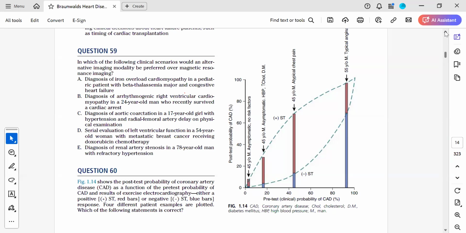It is also helpful in evaluation of stenotic and regurgitant valves when echo windows are inadequate. The use of cardiac MRI for pharmacologic myocardial perfusion imaging and dobutamine stress testing is another important clinical application when compared with nuclear imaging.